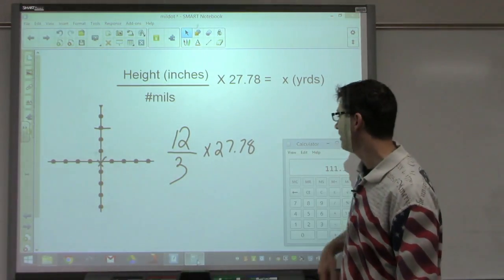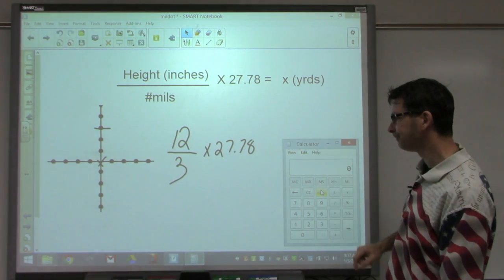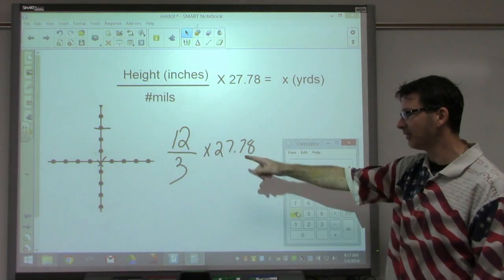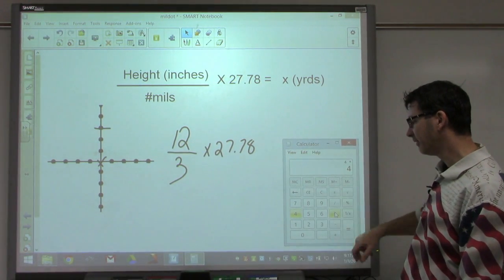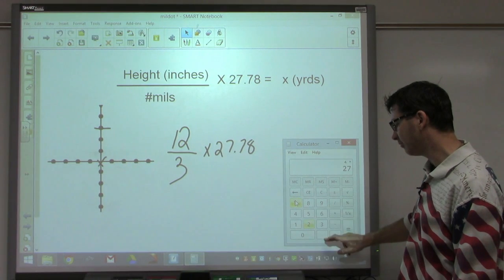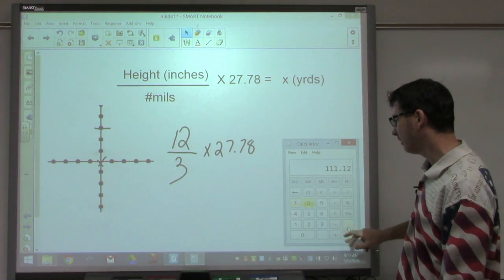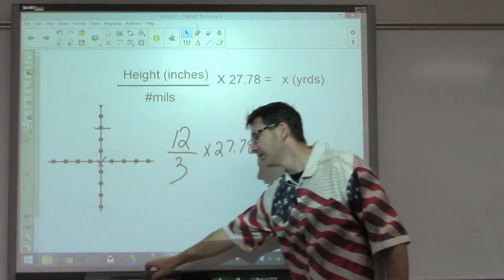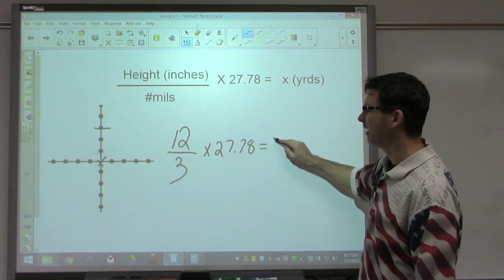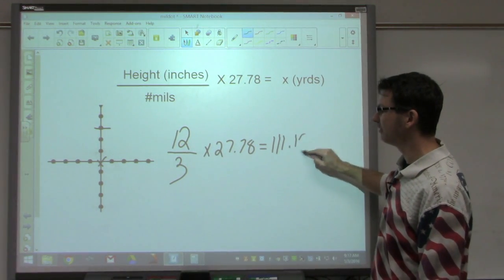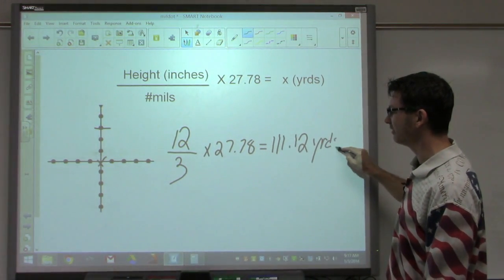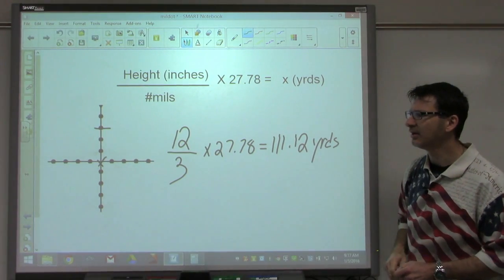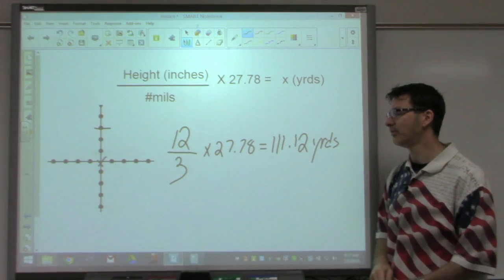So just pop up that calculator real quick. We've got 12 divided by 3, which is 4. Then you times that by 27.78, and it equals 111.12. And this one's going to be yards. So under those conditions, that target is 111.12 yards away.